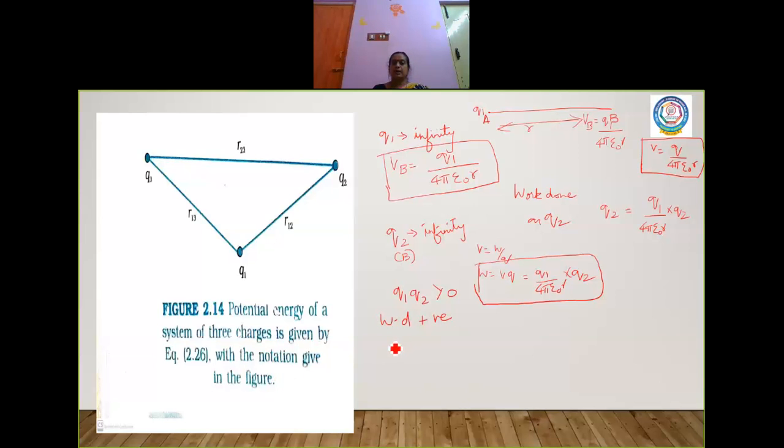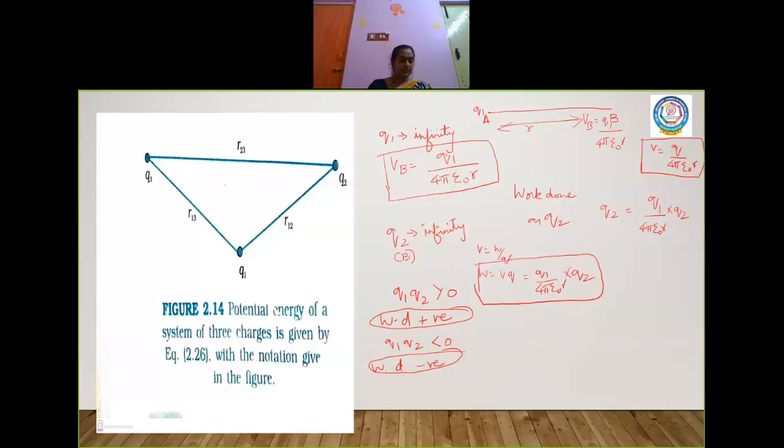If Q1 Q2 is less than 0, then the work done is negative, that is, work done against the electric force. Work done will be positive if Q1 Q2 is greater than 0. Work done will be negative if Q1 Q2 is less than 0.